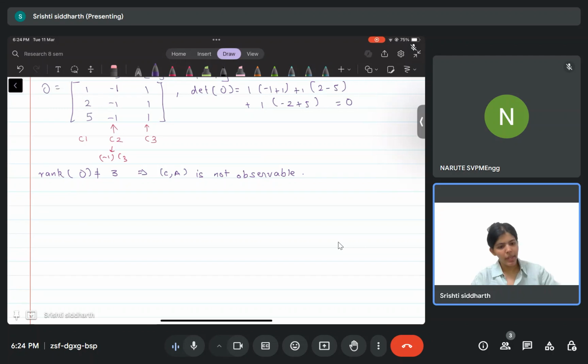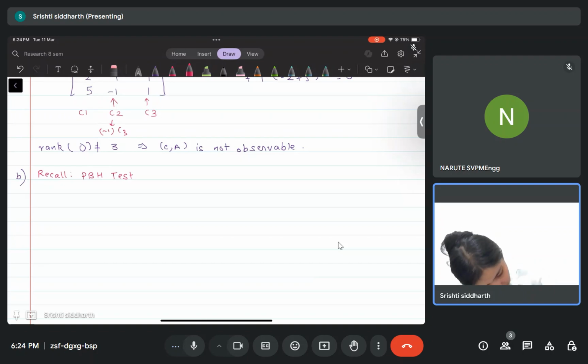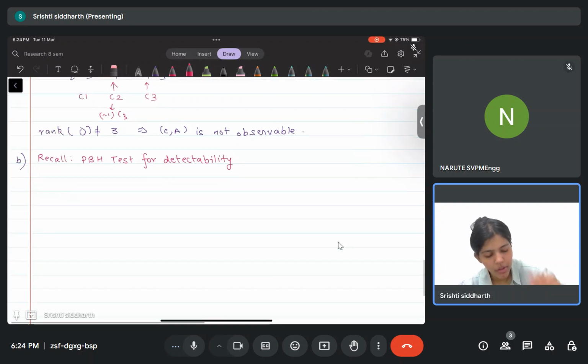Now let's talk about detectability. Before that, let's recall the PBH test for detectability. So we have A and C, and we know the PBH test, right? For observability, the rank of [A minus lambda I; C] should be equal to n.